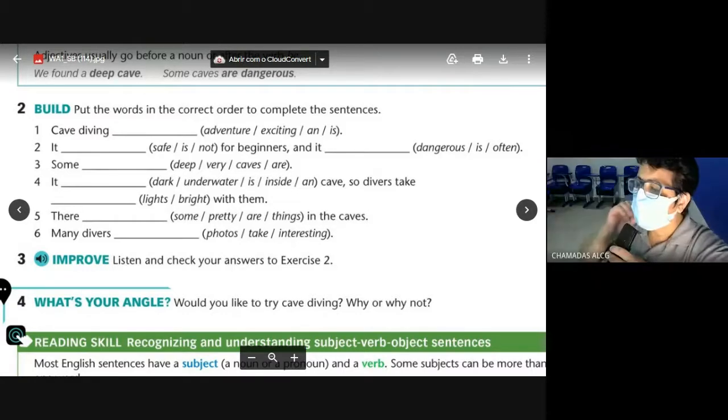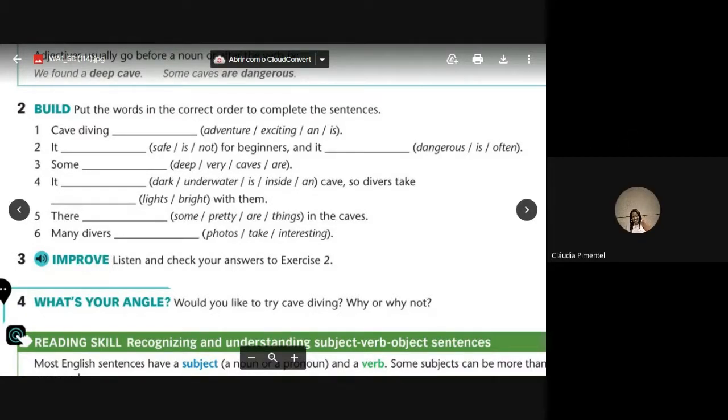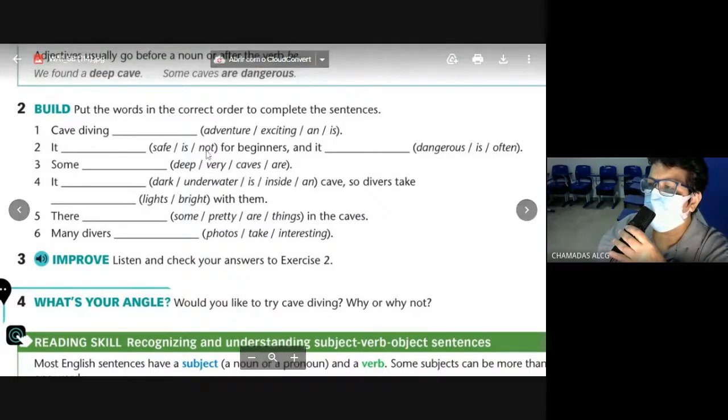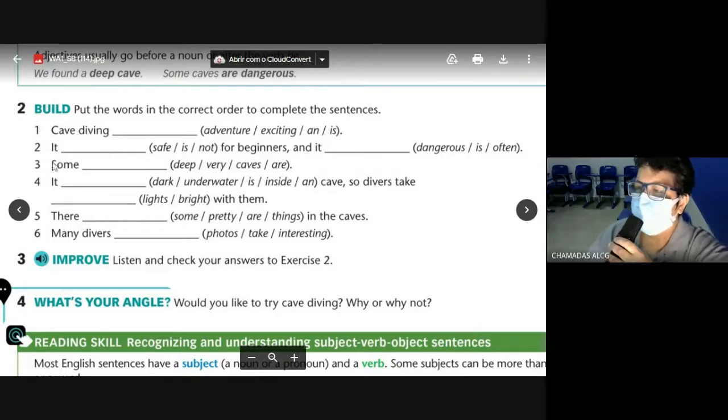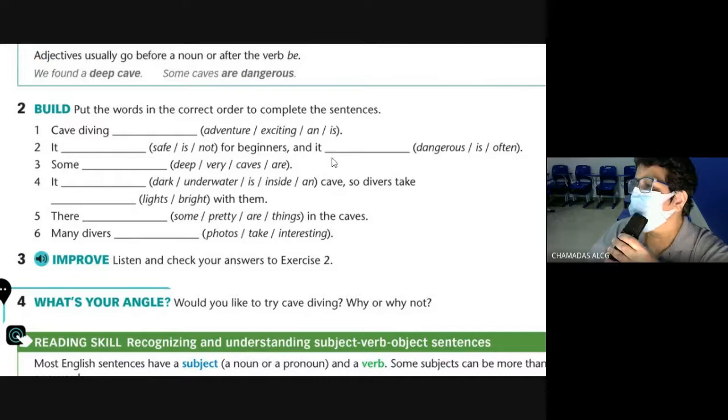Teacher, can you repeat number 2, 3 and 4, because I missed them, please? Okay. Number two, it is not safe for beginners.